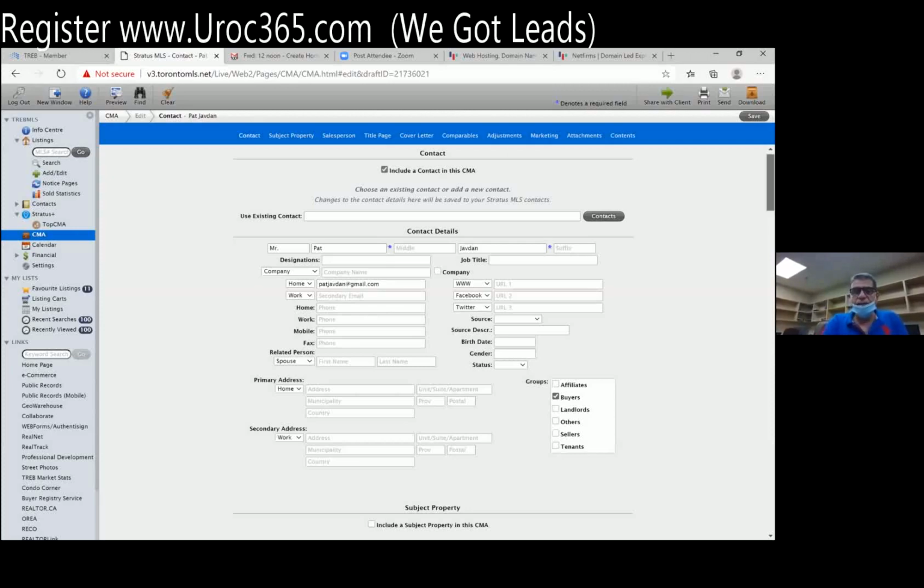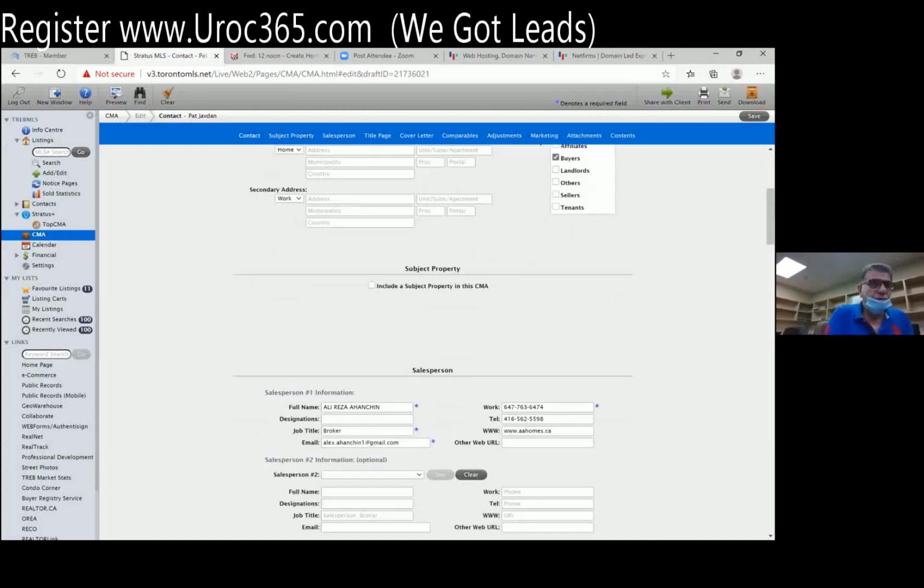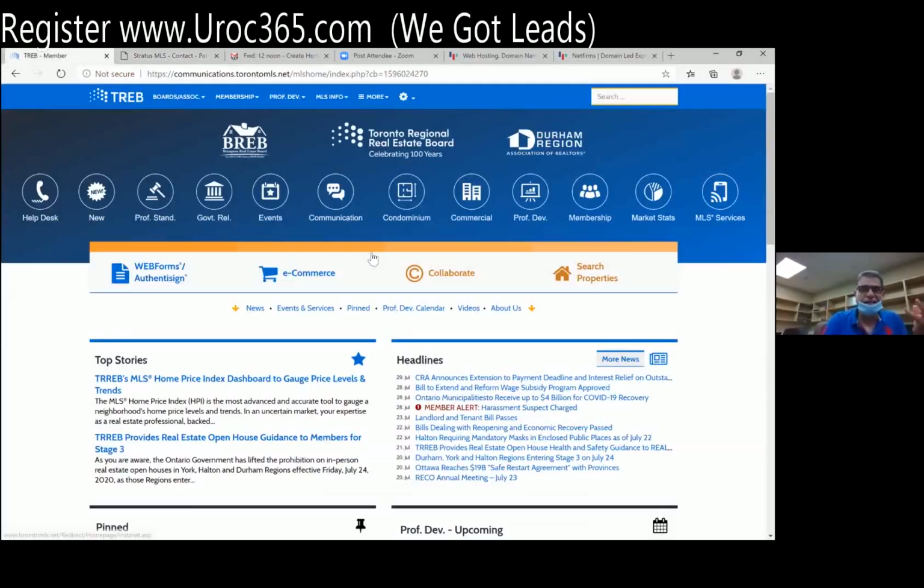Now, the next section is the subject property. Suppose that my buyer wants to buy a property, which I name the subject property, on one of the streets in, for example, Empress. I bring one of the properties as an example for you.